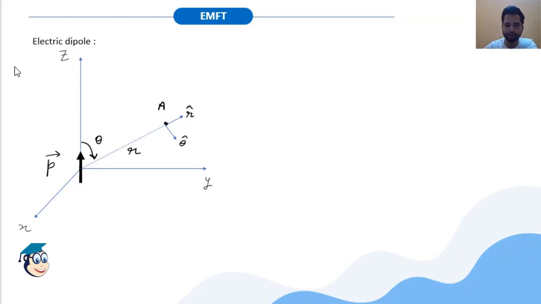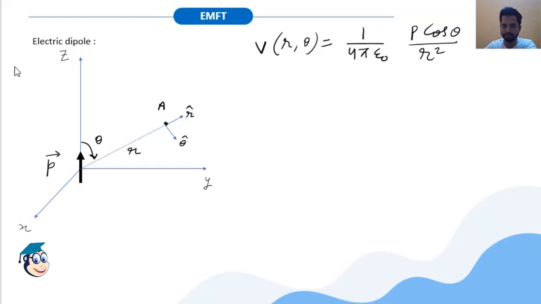The potential V would be a function of r and theta, and it is given by the expression 1 over 4 pi epsilon naught times p cos theta divided by r squared. Here p is the magnitude of the dipole moment which is situated at the origin.